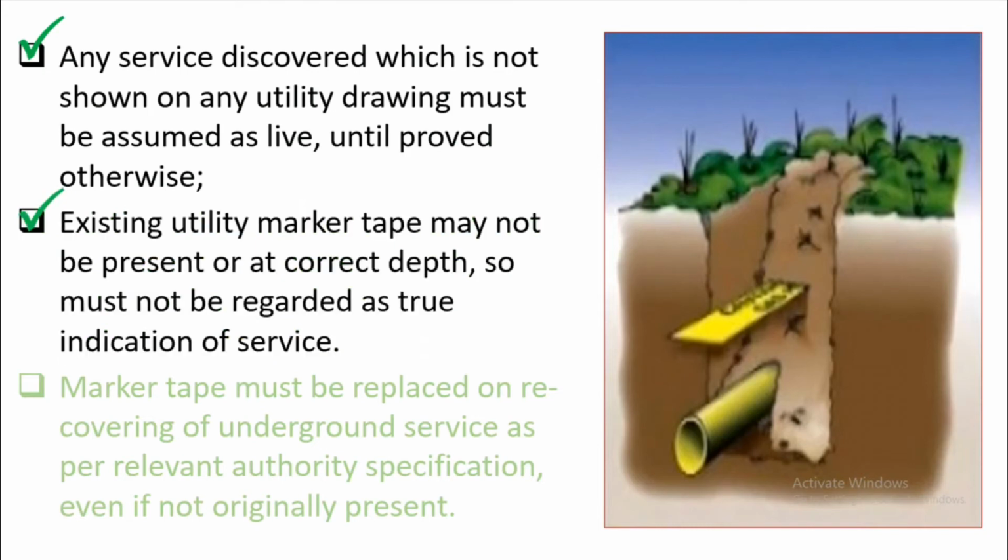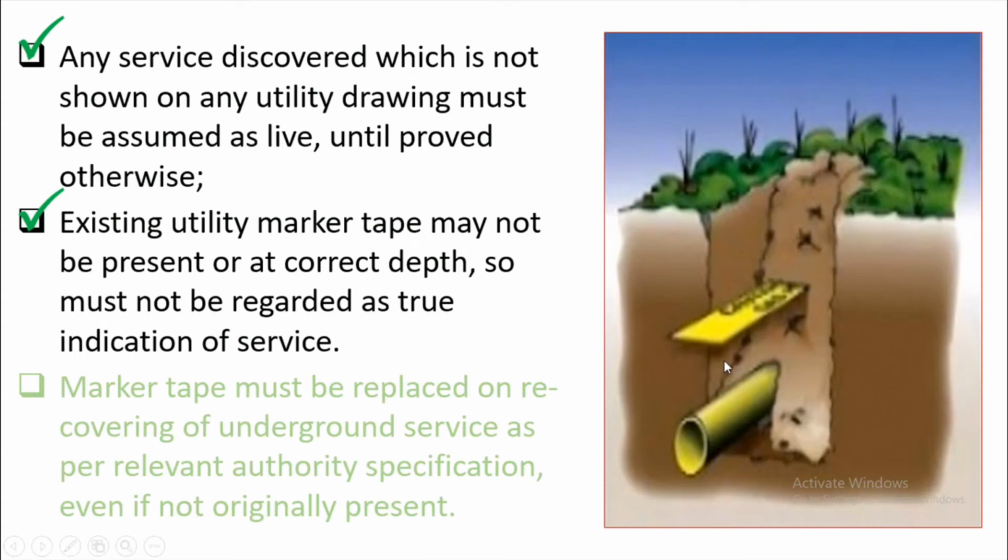Existing utility marker tape may not be present or at correct depth, so it must not be regarded as a true indication of the service. Sometimes, as you can see, the yellow color in the photographs directly above the utility services, there is some tape marker also buried in line with the utility services.